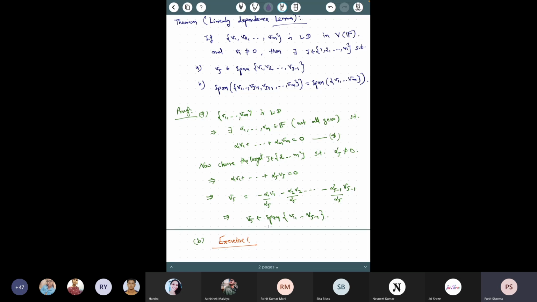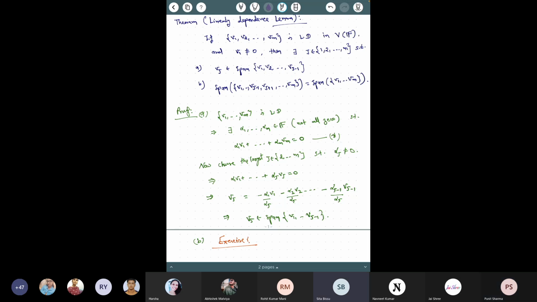But if I'm writing it in this ordering, then you can say that this Vj can be written as a linear combination of preceding vectors. So why not V1? Because if I want to write the same result in the same way, I cannot write V1 as a linear combination of preceding vectors because there are no vectors. Is it okay now?